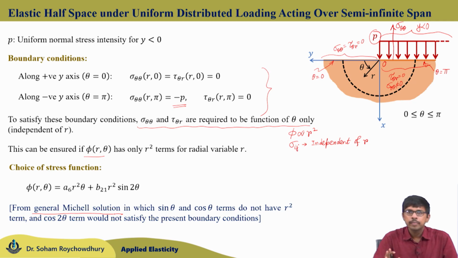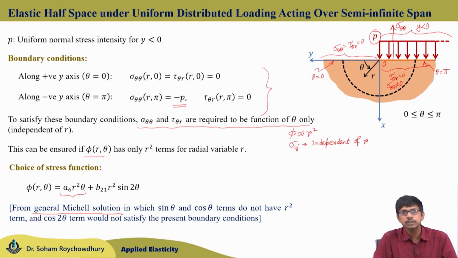From the terms without sine or cosine, the first term is taken, a6 r square theta. In the Michell solution, the sin theta and cosine theta coefficients had no r square terms, so no sin theta or cosine theta term can be there. Considering n up to 2, we choose only one solution from that summation, which is the sin 2 theta term multiplied with b21 times r square.